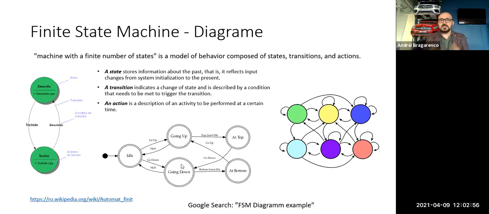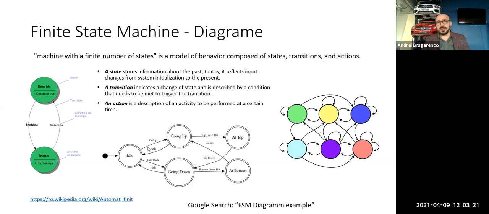Let's see, this is a generic state machine for an elevator. Maybe here there could be a top limit or a set point for the floor, which is also an option. So this is one of the simplest state machine implementations.